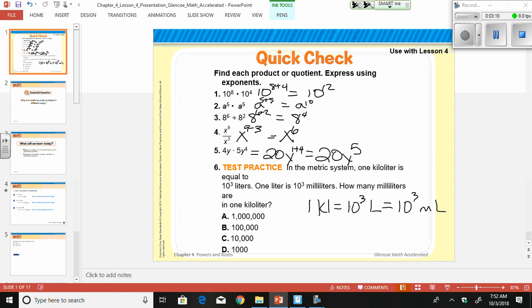Okay, so that will be 10 to the 3rd times 10 to the 3rd, so we'll get 10 to the 6th, which means that there's 6 zeros on it, so there are 1 million milliliters in a kiloliter.